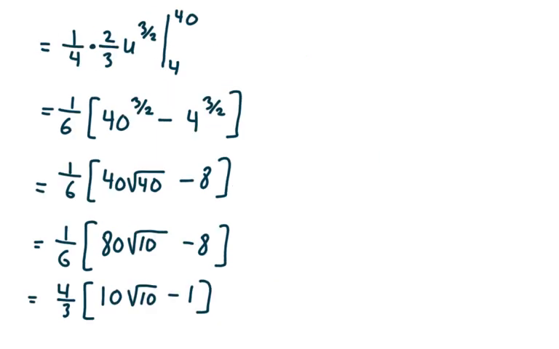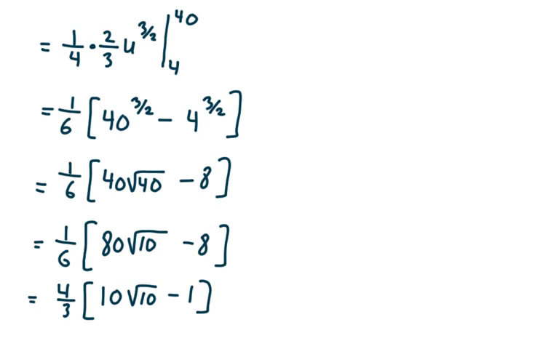And so this is equal to 1/4 times 2/3 u to the 3/2 evaluated from 4 up to 40. But remember, 1/4 times 2/3 is equal to 1/6. So what I'm going to do is replace u with 40 and replace u with 4 and subtract the results.